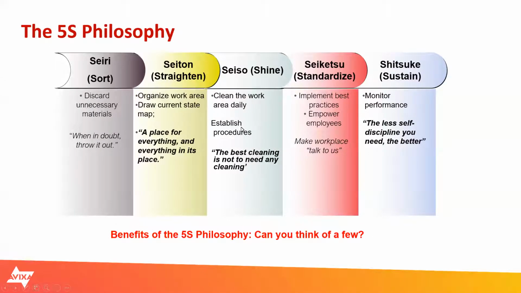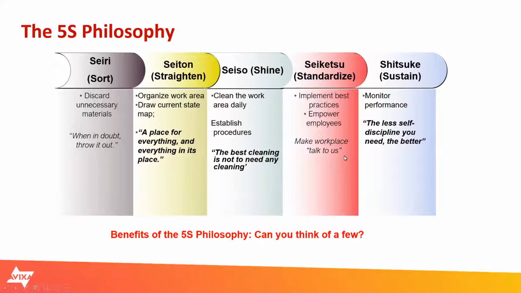The 5 S's, if you've ever been to an office that uses Lean Six Sigma or Lean, you'll see that the work areas are well sorted. There are labels on everything, and where you're supposed to walk, there's tape on the ground, those types of things.